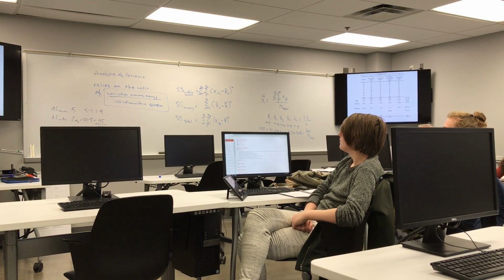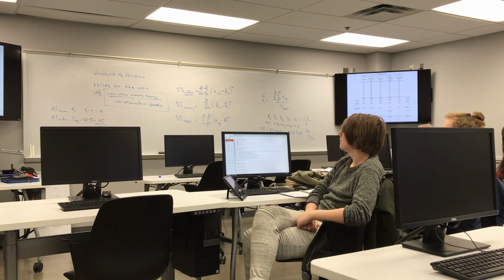That's 66.59, 6.97, 13.99. Your sum of squares among is 1,077.32. That figure goes down here in the sums of squares among.